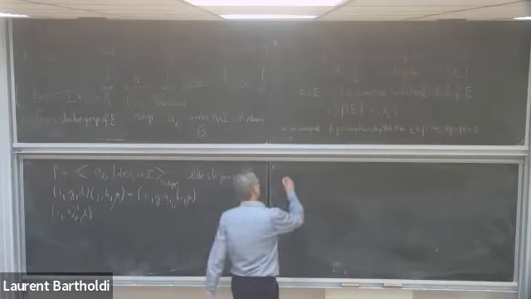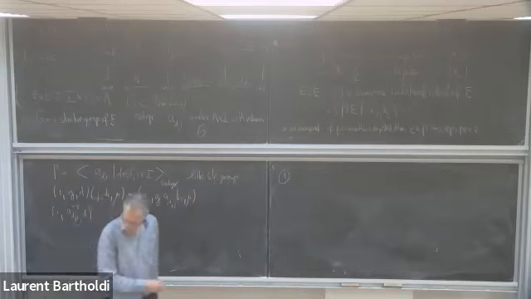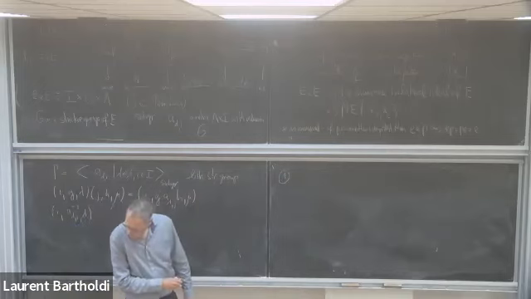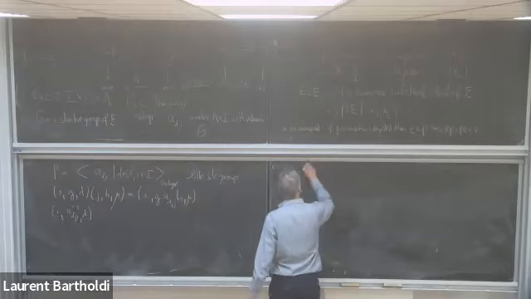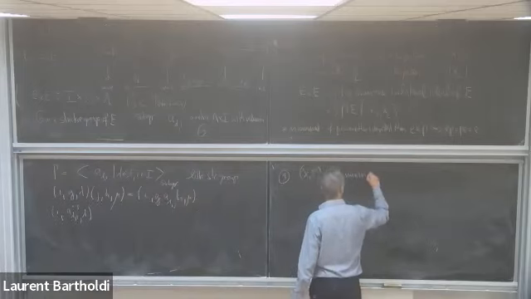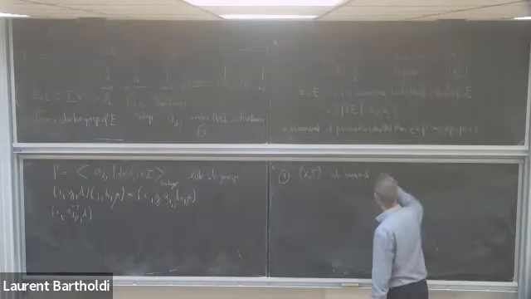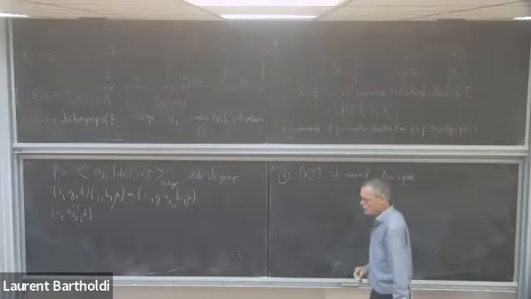The first result now would be the following. Let's suppose that (X, T) is abelian minimal. Then the following are equivalent.